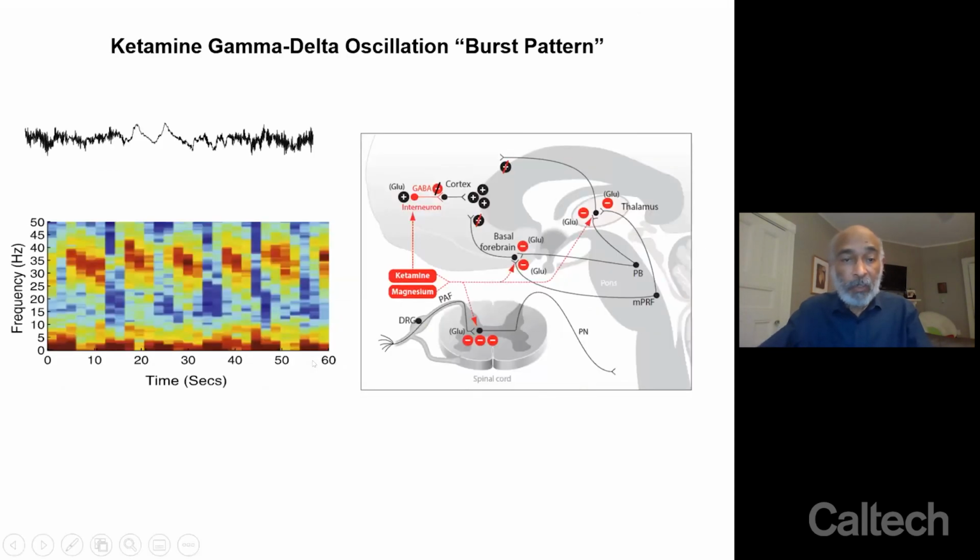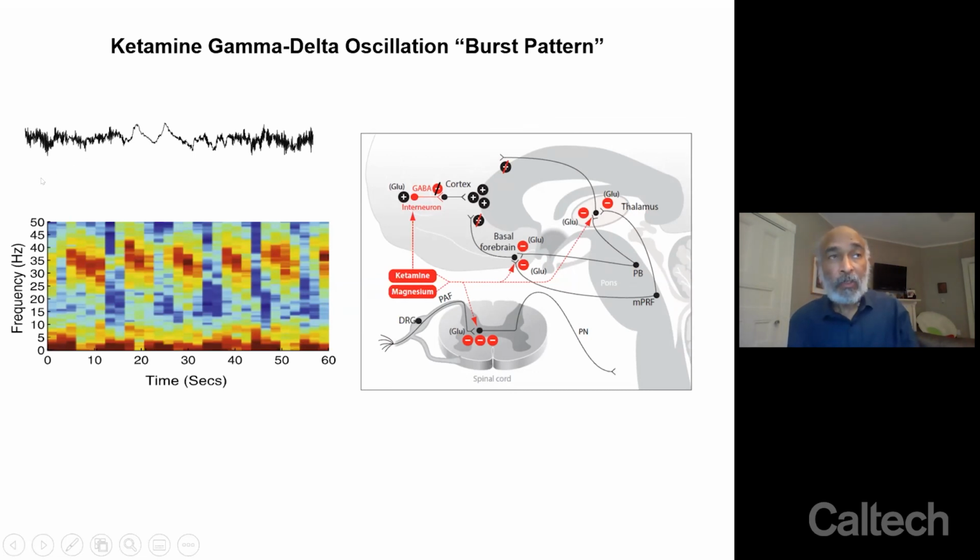But let's turn to ketamine, because the dynamics of ketamine actually look quite different. If you were to give someone just a sedative dose of ketamine, like the doses which are used to treat depression now, you would see high frequency activity, like I'm pointing to, which is about 30 hertz.